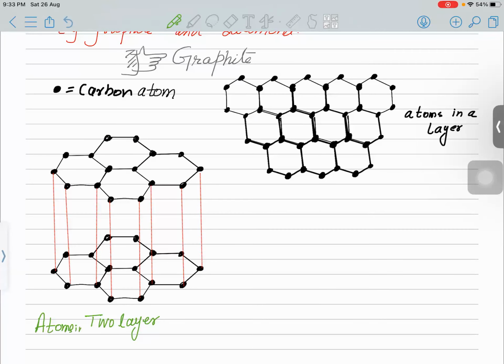Sir, it's a structure which has 6 carbon atoms and makes a hexagonal shape. It takes a hexagonal shape. You are right.